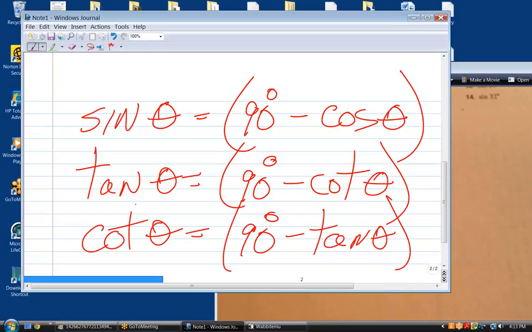So let's go back and look at this first one here. Hold on a moment. Cosecant of theta equals 90 degrees minus the secant of theta.